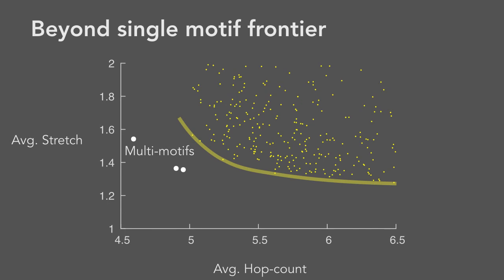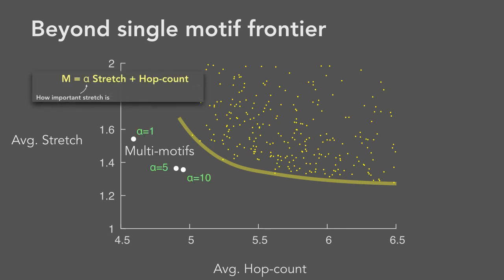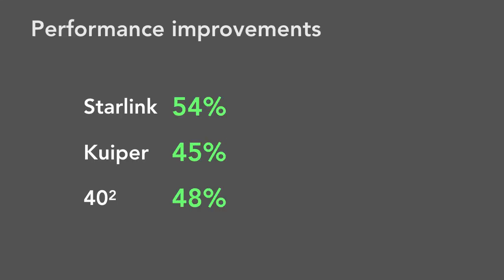As you can see in the plot, the multi-motifs offer higher performance beyond the single motif frontier. Different alpha values result in different multi-motifs, and as we give higher priority to stretch, the schemes move towards plus grid. Putting all of this together, these are the performance improvements above the baseline plus grid connectivity. Starlink sees more than 2x improvement over baseline, while Kuiper also has similar benefits.